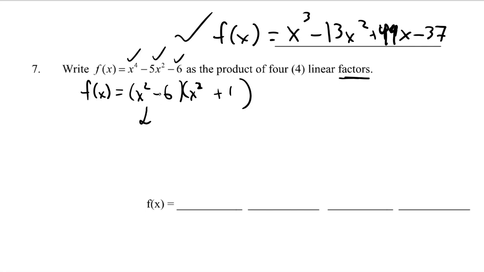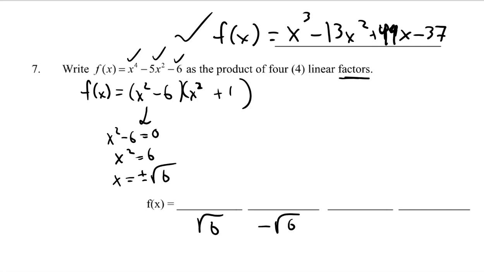Then I could set this, this doesn't factor down anymore because this is not a perfect square. But that doesn't mean I can't set it equal to 0 and solve. Don't forget plus or minus. This is a 4th degree, so we should have 4 zeros and 4 factors. So looks like one 0 is square root of 6, another is negative square root of 6.